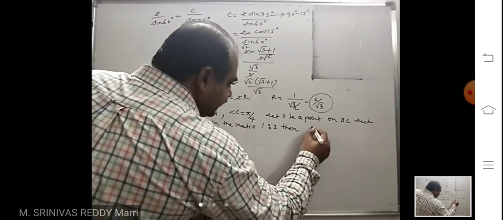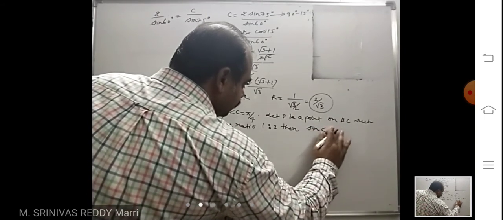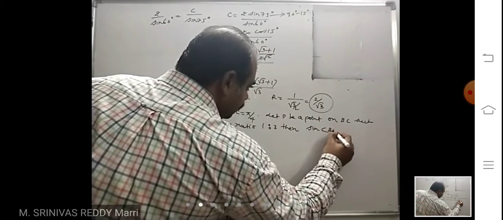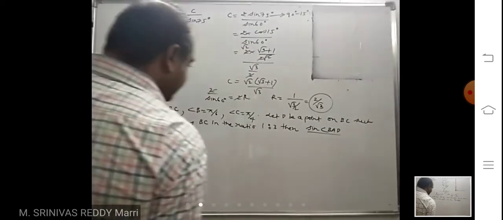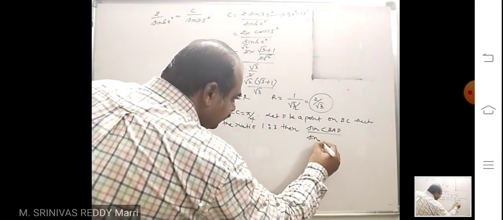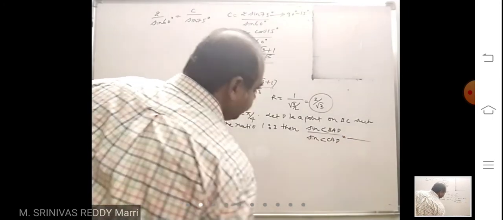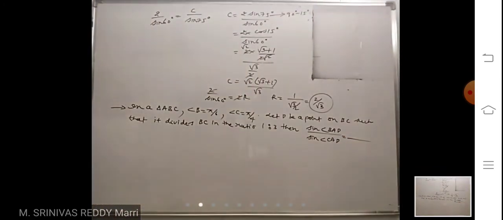Then what he is asking is sine of angle BAD divided by sine of angle CAD equal to dash.